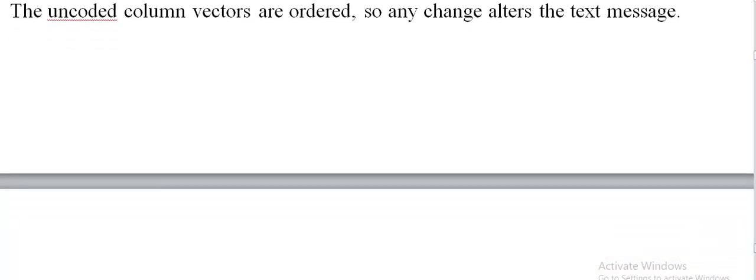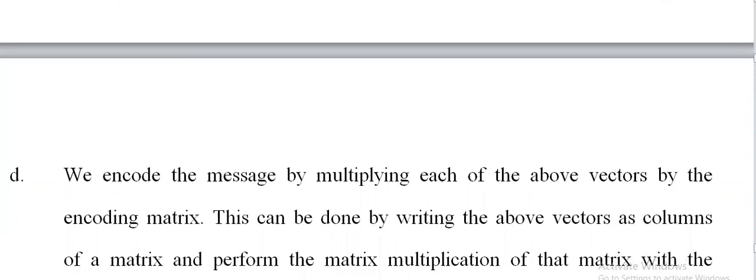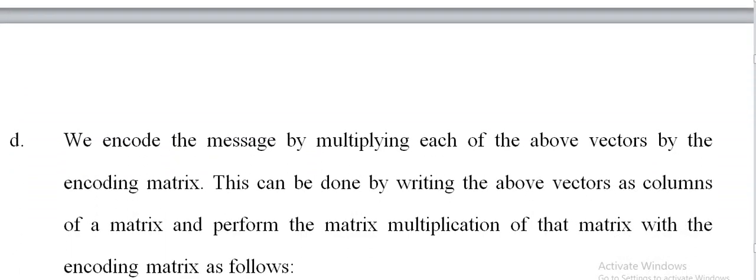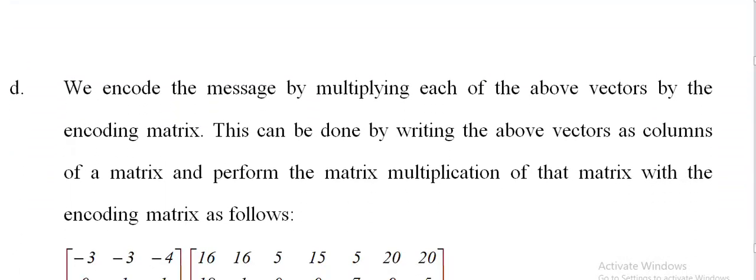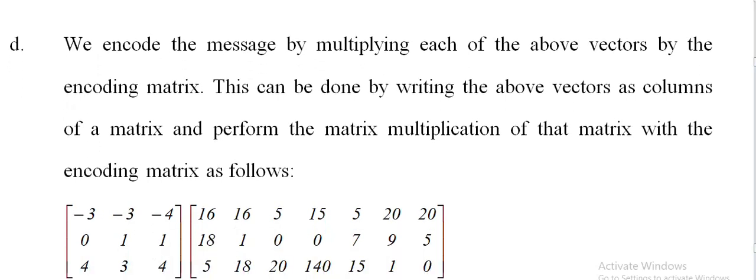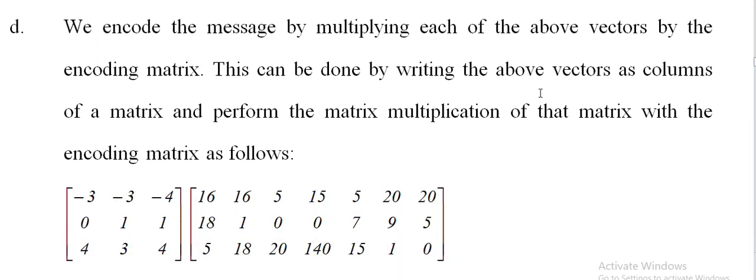So what we now do is encode the message by multiplying each of the above vectors by the encoding matrix. This can be done by writing the vectors as columns of a matrix and performing matrix multiplication of the encoding matrix with that matrix. This is the encoding matrix, and this is the matrix that has the message you want to code.